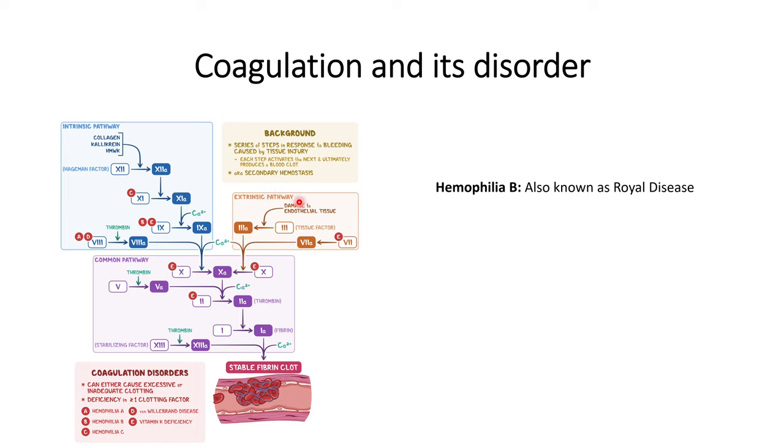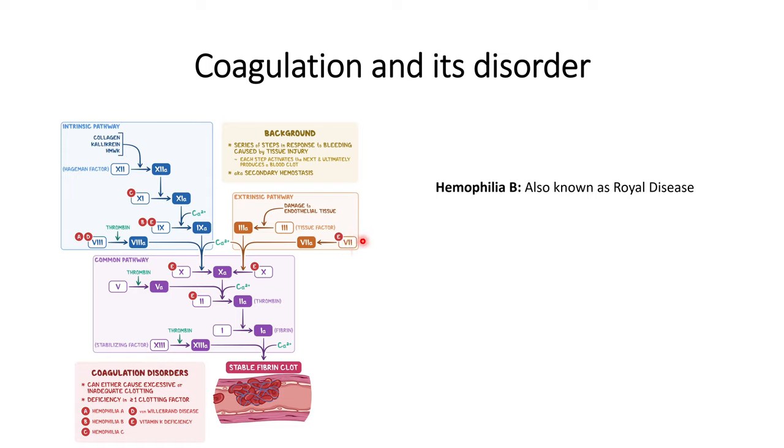So let us now understand the extrinsic pathway. The extrinsic pathway is activated by external tissue, by the tissue factor that is formed near the area where the injury has been observed. When the tissue factor gets formed, factor 3 will get activated to factor 3A, and factor 7 will get activated to factor 7A.